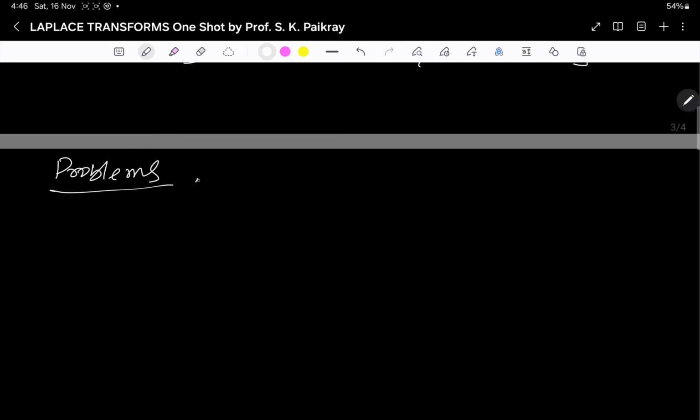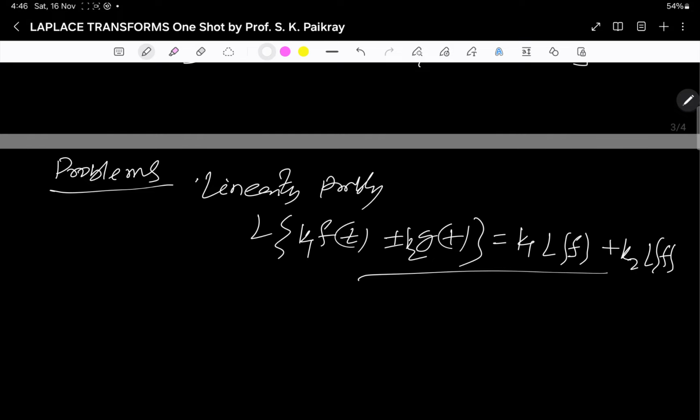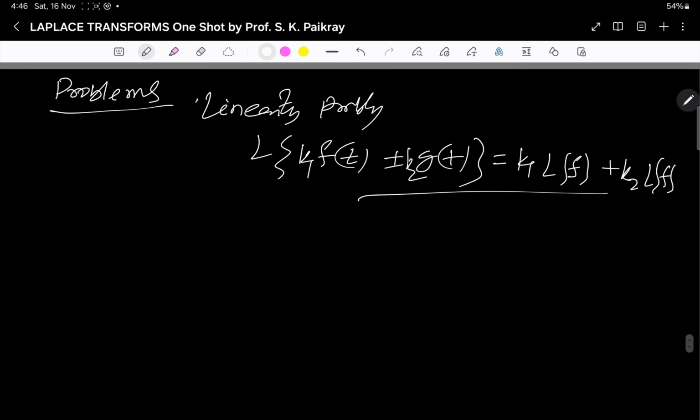You know the Laplace transform satisfies the linearity property. Means you find L of f(t) plus or minus g(t). If some constant is multiplied here, then individually you can separate k1 L of f plus k2 L of g, isn't it? We will implement this idea, and similarly L inverse is also linear.